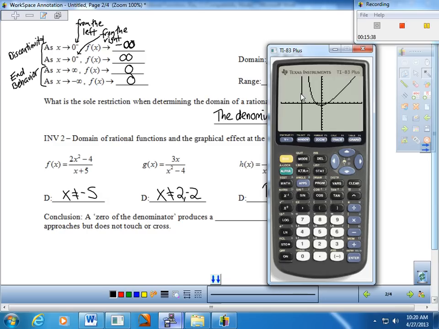Do you see this vertical line right here? Is this part of the graph of the function? No, absolutely not. Is it a vertical boundary to the curve of the function? Yes, and that's what's happening here. If we were to really hone in on this, we would see this is going to get closer and closer to that vertical line. It's not going to touch it, and it's not going to cross. Okay, so we get a vertical asymptote there. Wanted you to see that one.